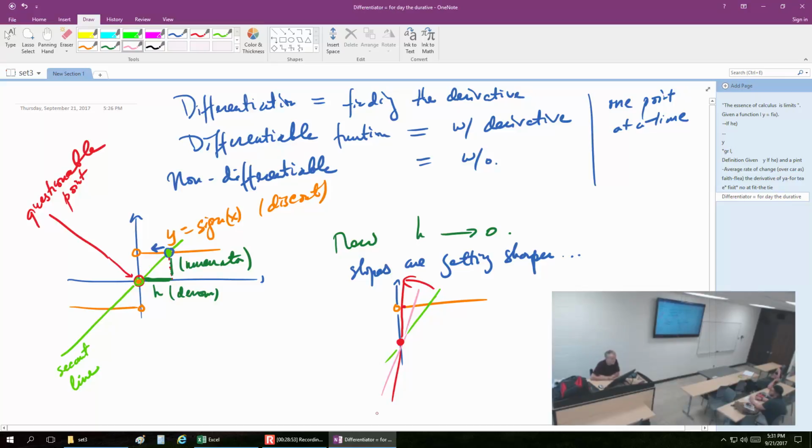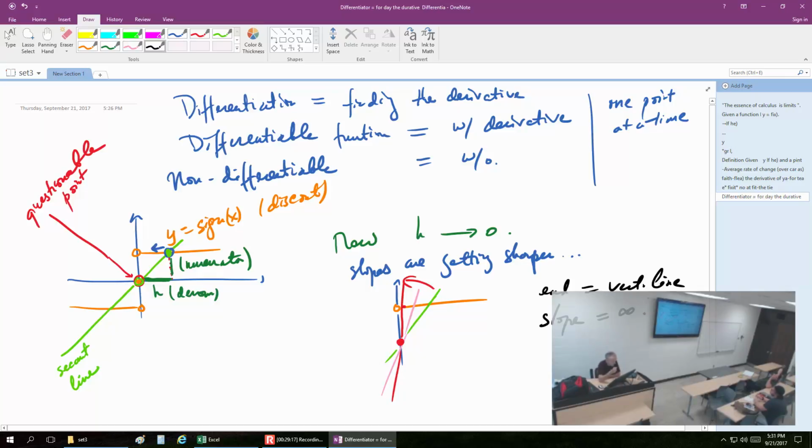A vertical line. And what's the slope of the vertical line? Undefined, infinity, doesn't matter. The point is that our limit doesn't exist.